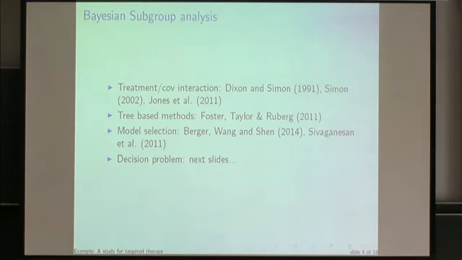Standard methods for subgroup analysis under a model-based Bayesian paradigm: a standard thing to do is to write down a survival regression, in our case the outcome being event time. Write down a survival regression that includes an interaction of treatments and covariates.